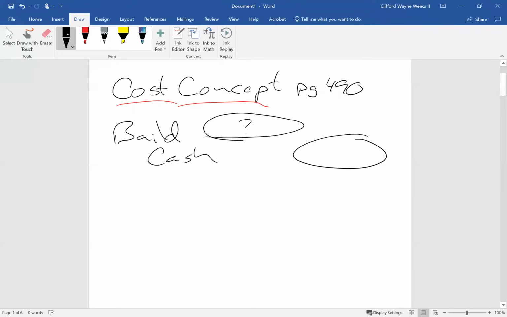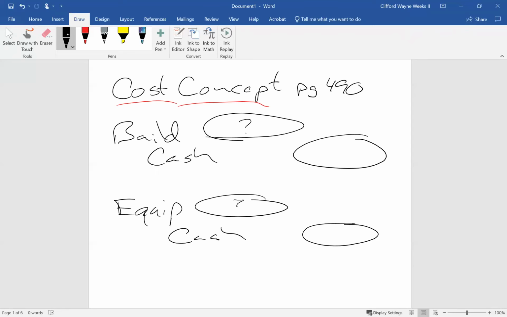And then finally, the equipment. Again, we're just going to buy this with cash. And the question is, what goes into the cost of the equipment?